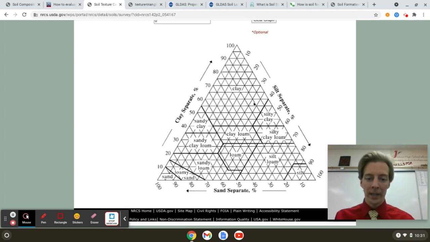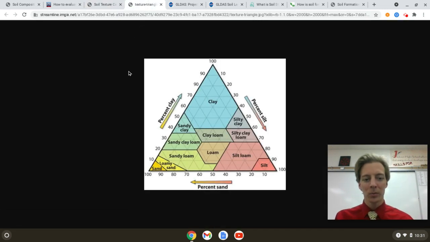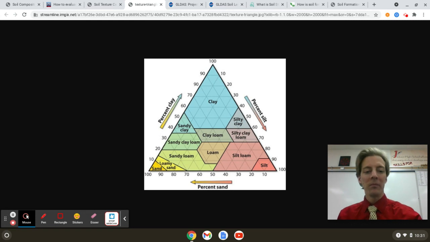So whichever way this line's going, I want to go out to that graph. No, I don't want to trace this down to this graph. The silt lines go this way, and then the sand lines go this way. This works better if I had a colored one. There we go.